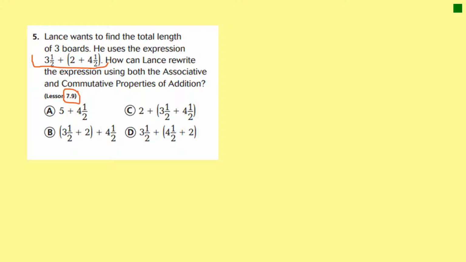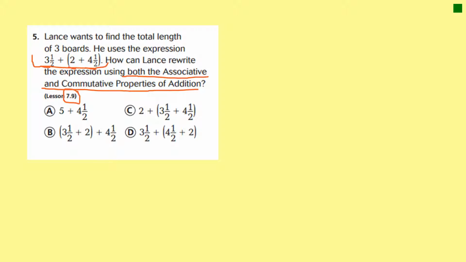Okay, so each of those numbers must be a length of a board, right? Because he has 3 boards. So board, board, board. How can Lance rewrite the expression using both the associative and commutative properties of addition?